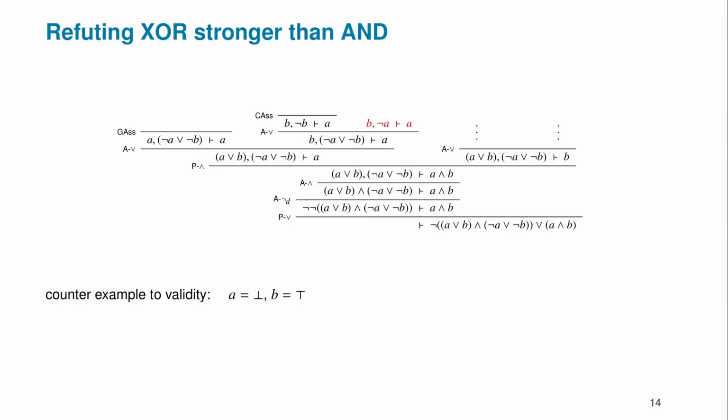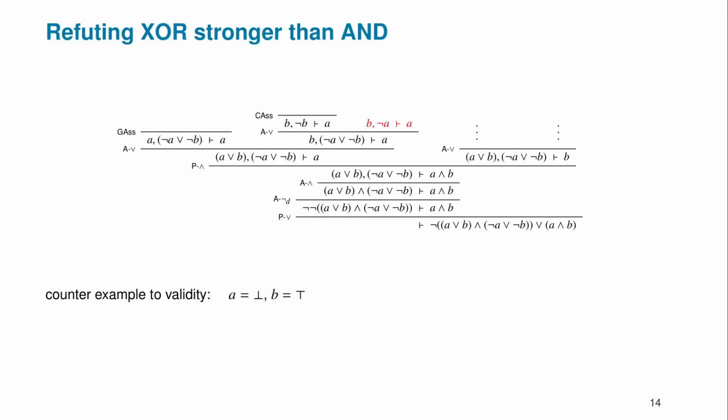One question is now how we could prove satisfiability of a formula. We now have a tool for validity checking. And in order to do satisfiability checking, we can simply negate the formula which we want to check for satisfiability.